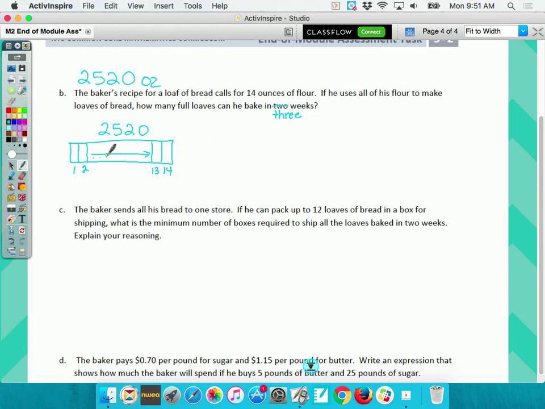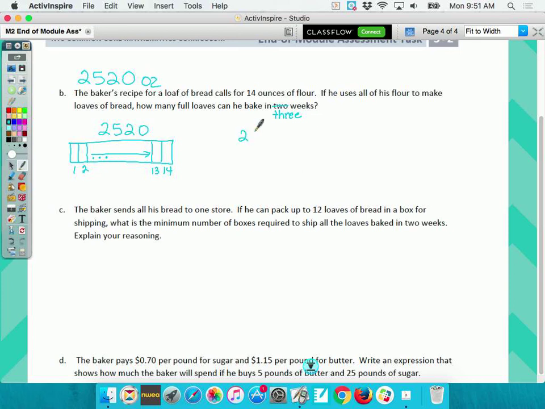Oh, he's not going to make 14 loaves. Each loaf needs 14 ounces. So how do I solve this problem? Am I going to multiply those two numbers or divide? Divide. When I know my total up here, that means I'm going to divide.